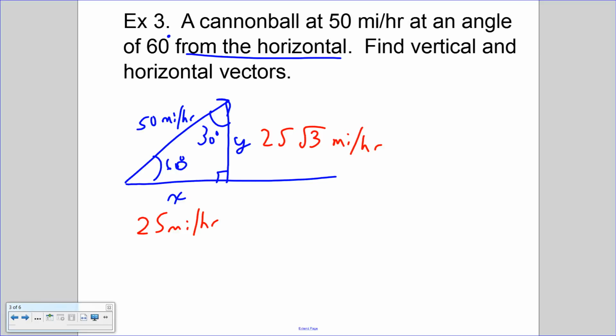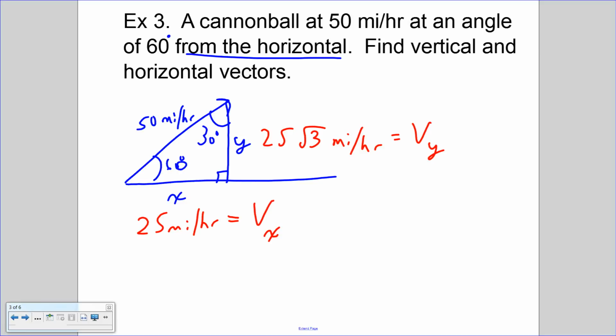And again, this is going to equal, and you could say this is the horizontal vector, or vector at x, and this is the vector at y. And since these are vectors, they're going to have length and direction.